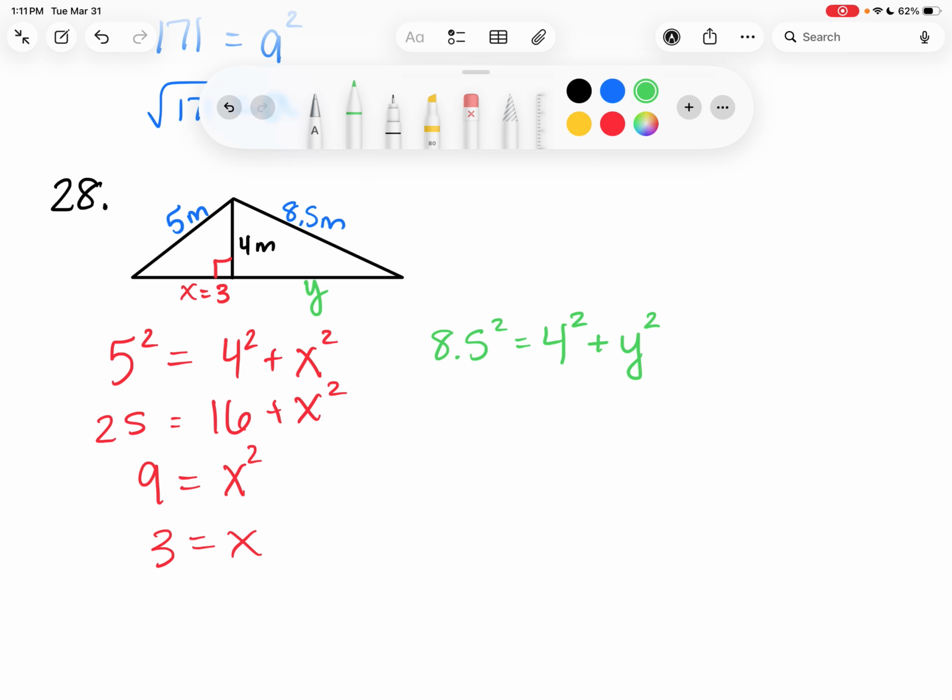Probably going to have to throw that in the calculator. 72.25 is equal to 4 squared, 16, plus y squared. Subtract 16 from the 72.25. 56.25.